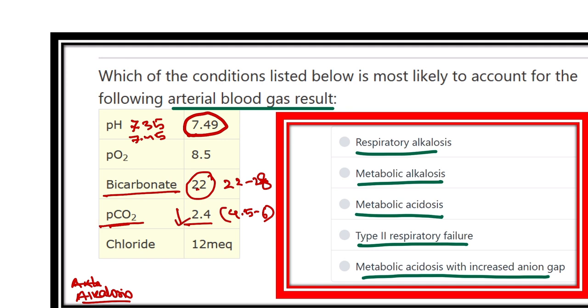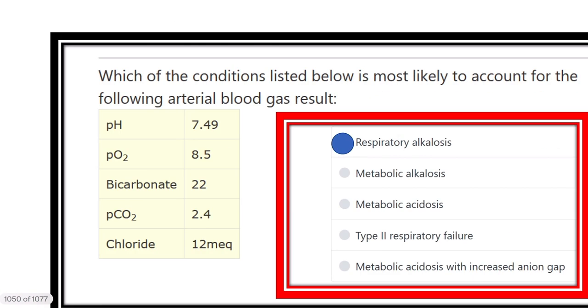So in this condition, pH is increased, partial pressure of carbon dioxide reduced. So it is respiratory alkalosis, and bicarbonate is normal initially, but it will also reduce when there is compensation.